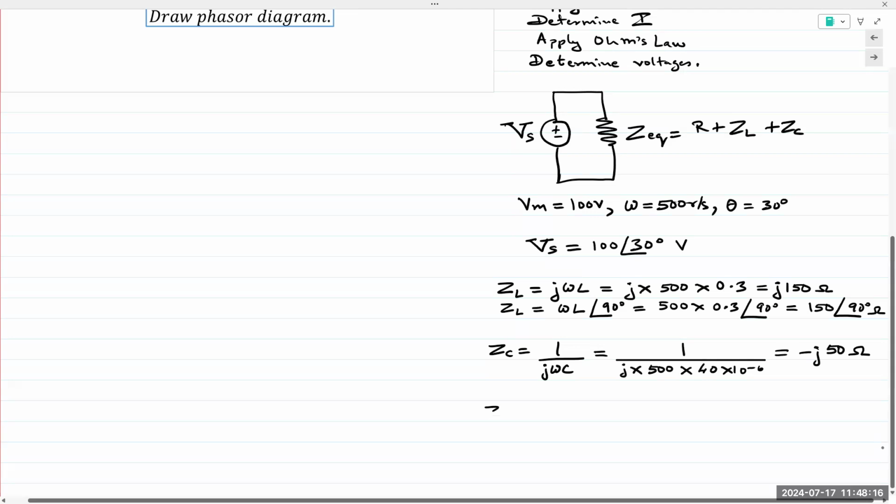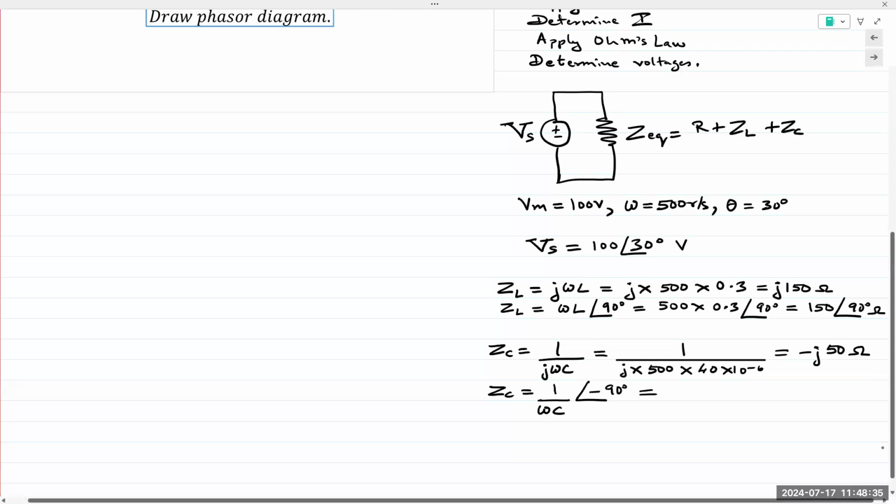At the same time, in polar coordinates, ZC is 1 over omega C with the angle of minus 90.